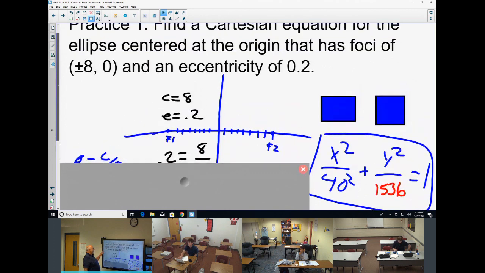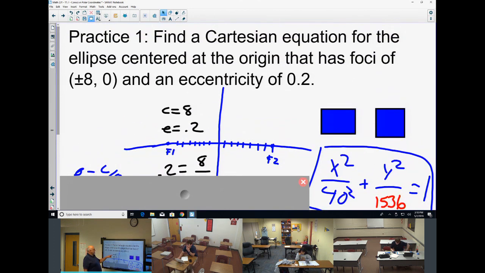So you get c is 8 because the center is at 0, 0, and the foci are at plus or minus 8. So that distance from the center to the focus is 8. So c is 8, and then they tell you have an eccentricity of 0.2. So that's e.